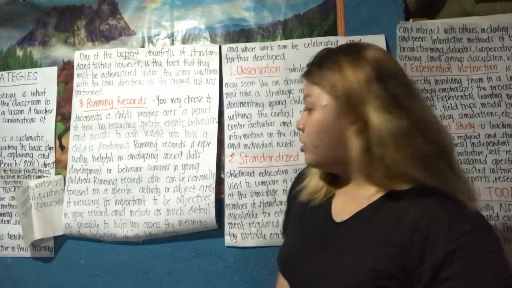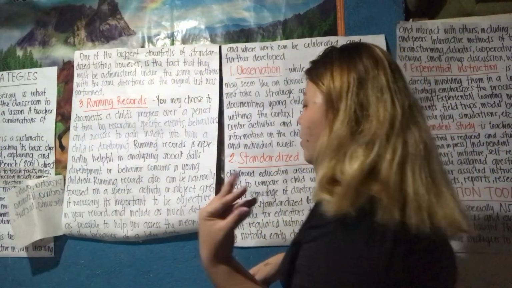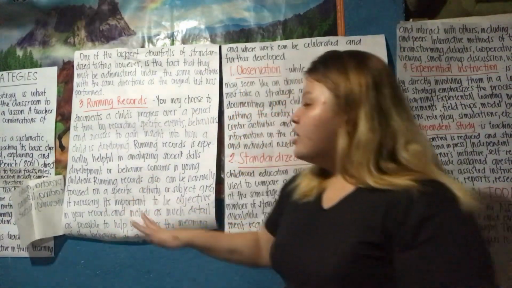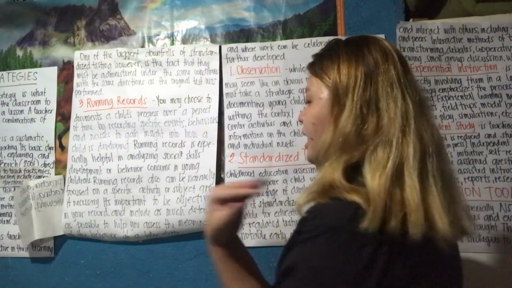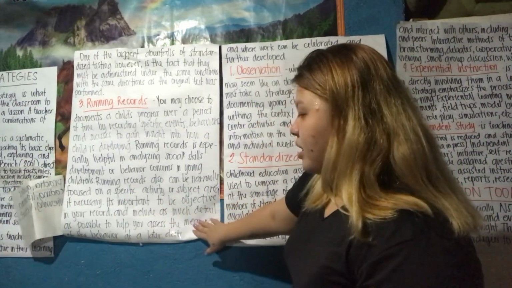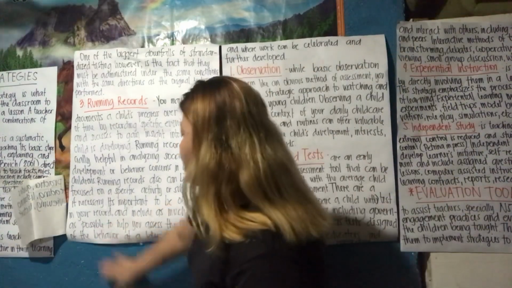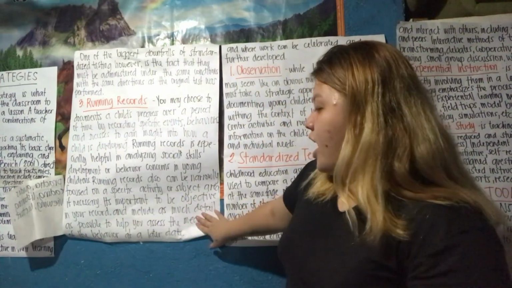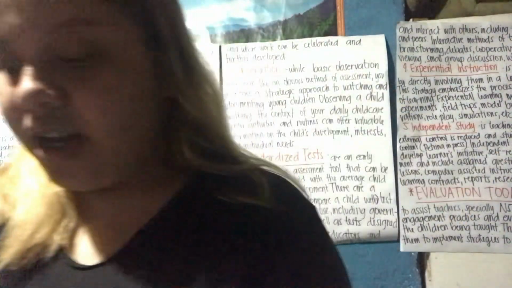Running records also can be narrowly focused on a specific activity or subject area. If necessary, it's important to be objective in your record and include as much detail as possible to help you assess the meaning of the behavior at a later date.